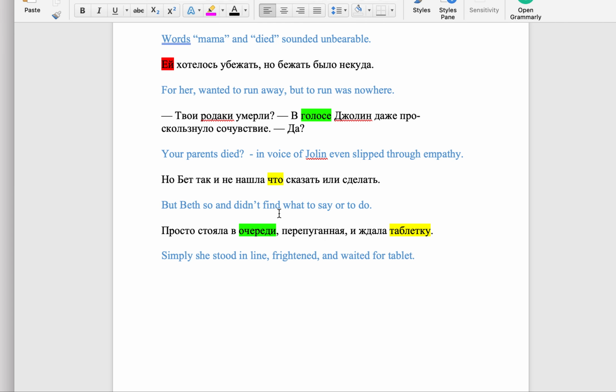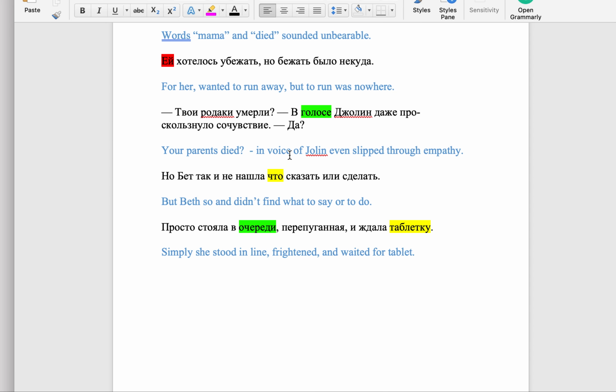Твои родаки умерли. В голосе Джолин даже проскользнуло сочувствие, да? Okay, so your parents died, and in the voice of Jolene, even empathy slipped through. So в голосе, so in her voice. Where is it located? In her voice. Но Бет так и не нашла, что сказать или сделать.